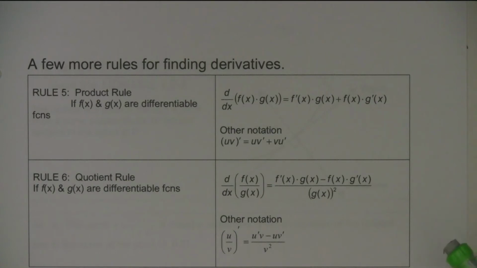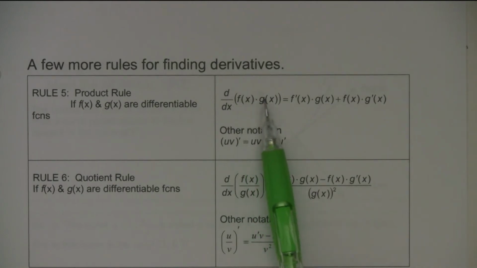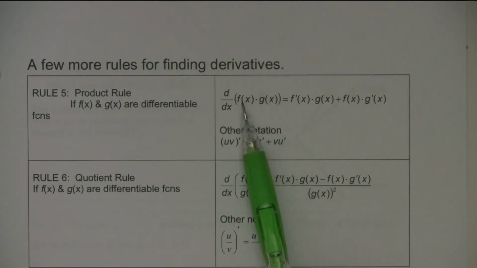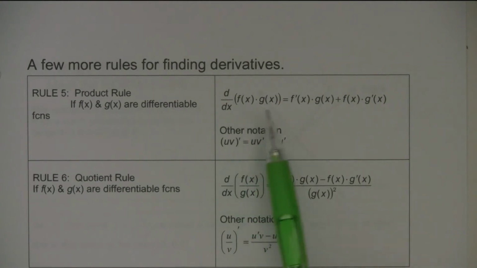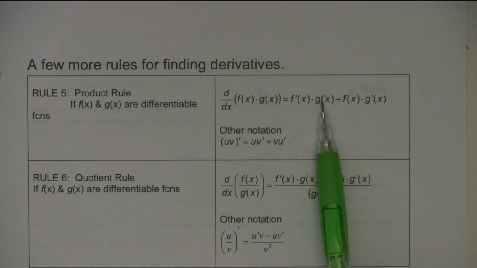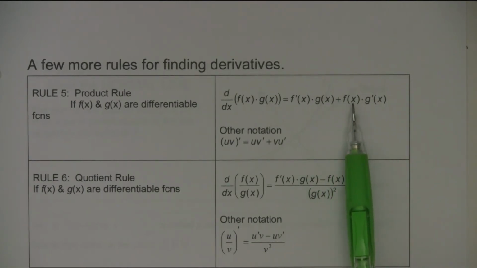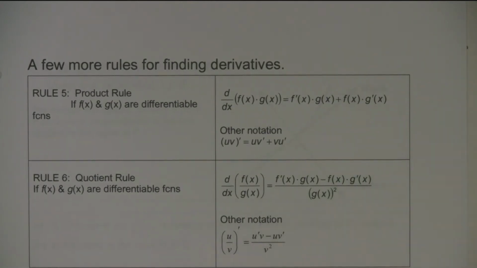And then a few more rules for finding derivatives. This is the product rule. It says if you're multiplying two functions together with respect to x, to find the derivative, you find the derivative of the first times the non-derivative of the second plus the derivative of the second times the non-derivative of the first. Whatever order you like to write that in, it doesn't matter.